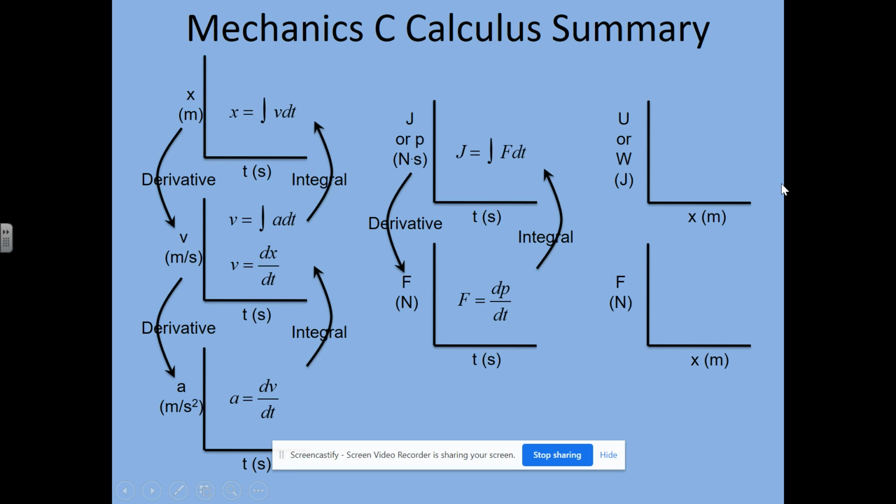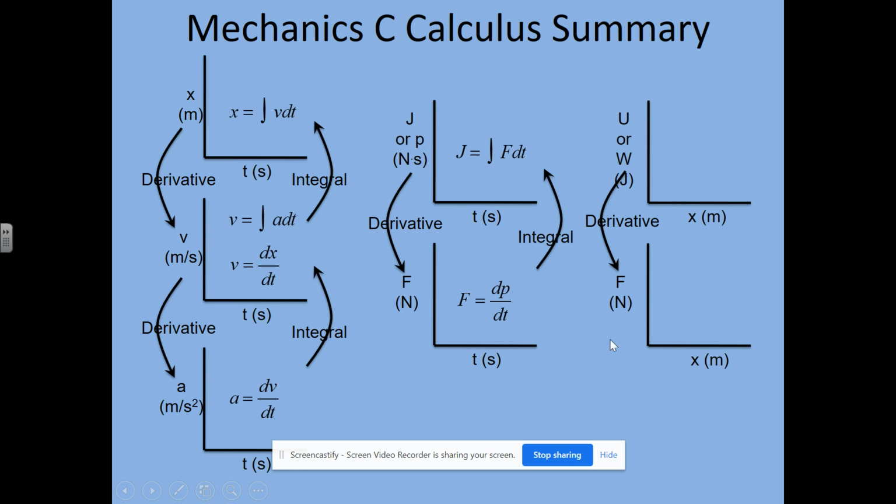And so the last one we're going to look at, kind of notice this is the only one where you have x instead of t on that y-axis. And so there's a lot of similarities between these two. We have force versus time, and this is force versus position. And so notice the difference between those two. So if we start out with potential energy or work versus x, and we want to find what's the force involved, we can take the derivative.